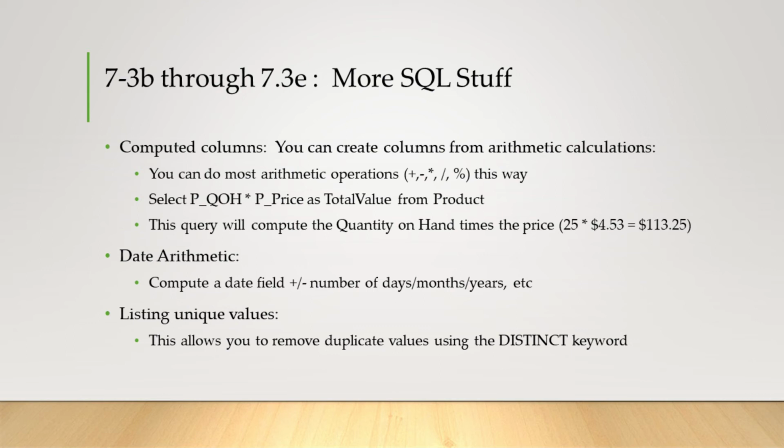So I can do listing a unique value by using the distinct keyword after my select statement. So I say select distinct, and then continue it out, so my field name that I want from my table, and that will allow me to select only my unique values. Okay?